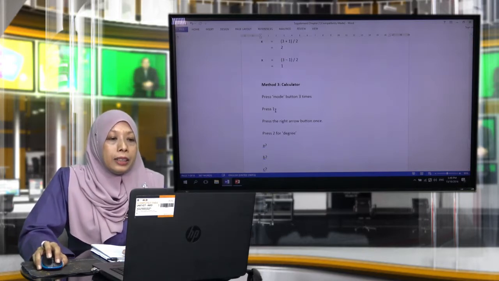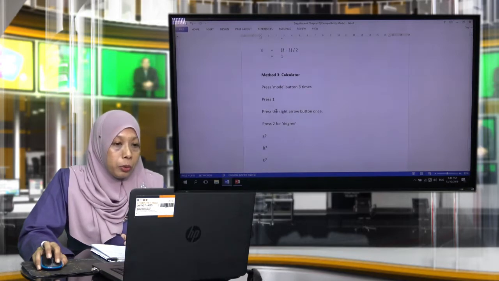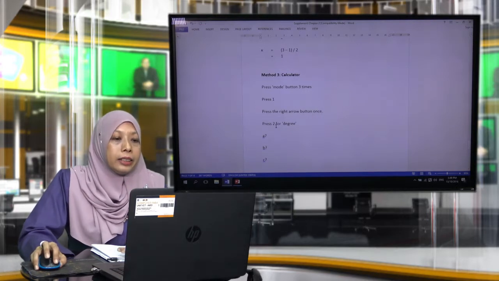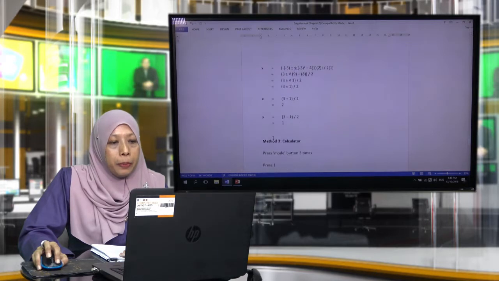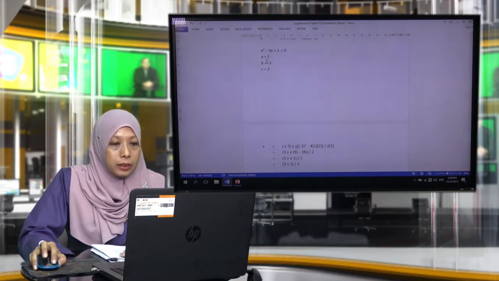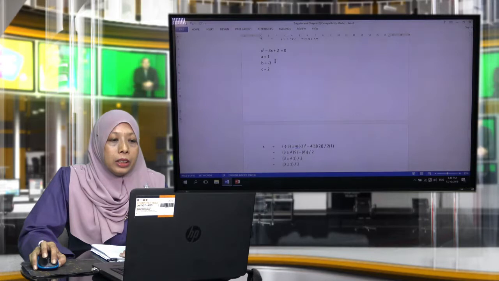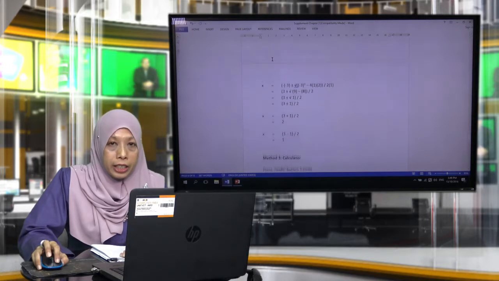If you have the calculator with you, you need to press the mode button 3 times, and then you press 1 for calculation, and then you press the right arrow button once, and then choose 2 for degree, and you'll be asked the value of a, question mark.